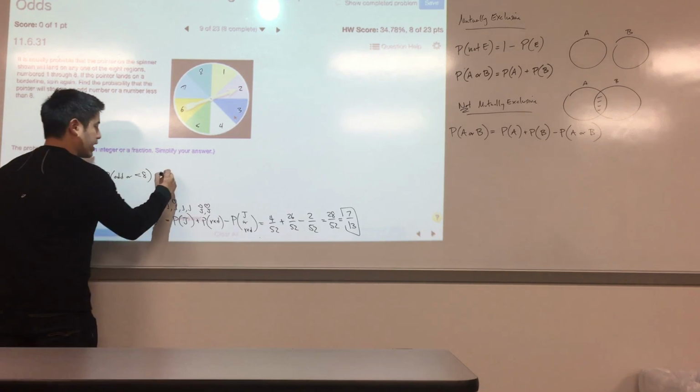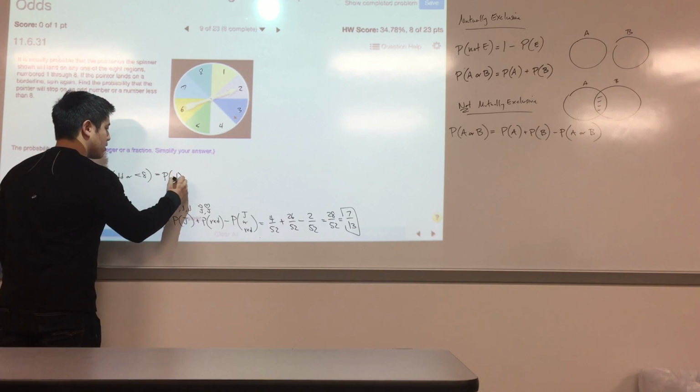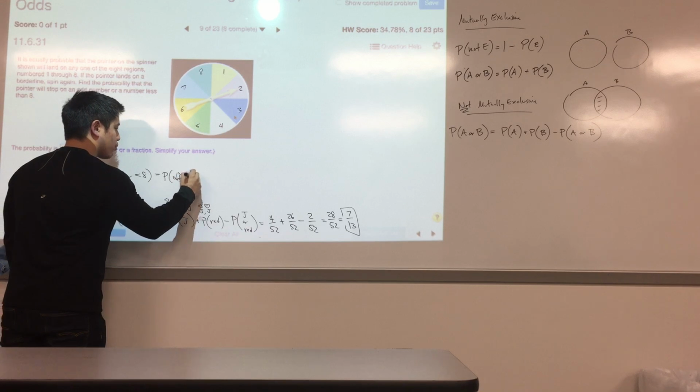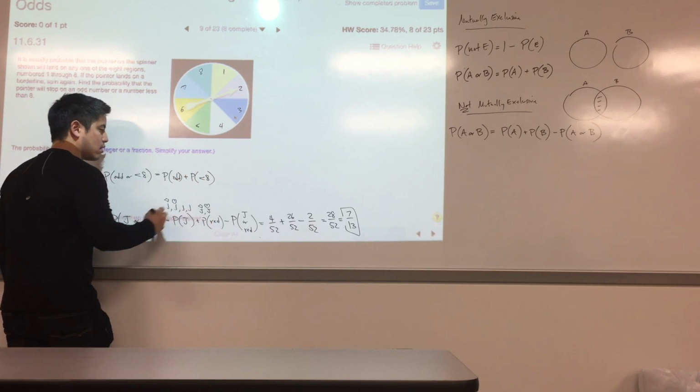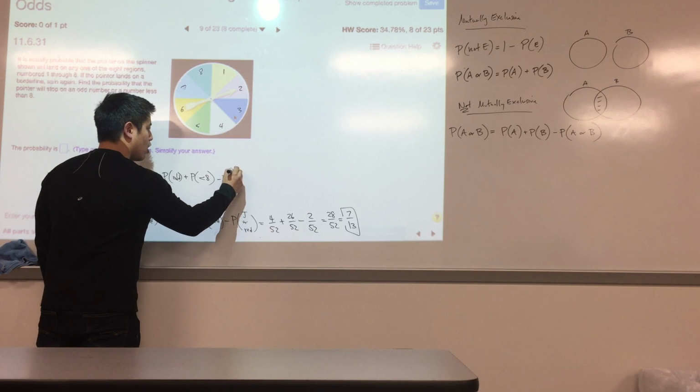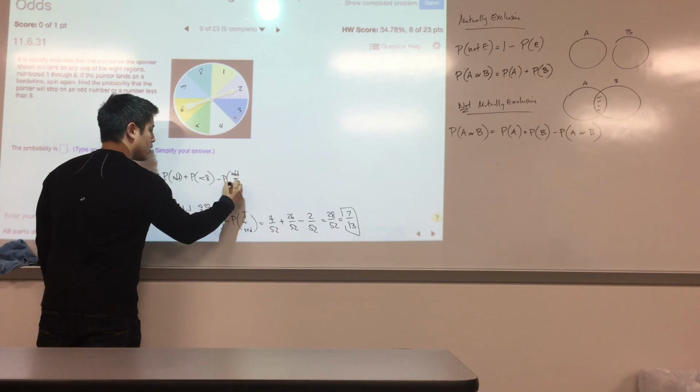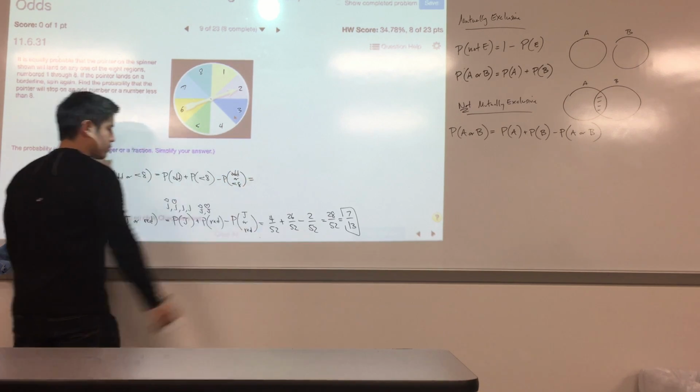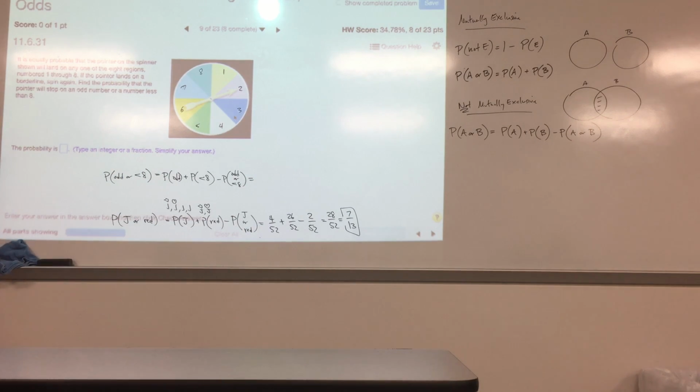So therefore, we need to figure out probability of odd plus probability of less than 8 minus their overlap, minus their duplicates. Does that make sense, guys? Any questions about that?